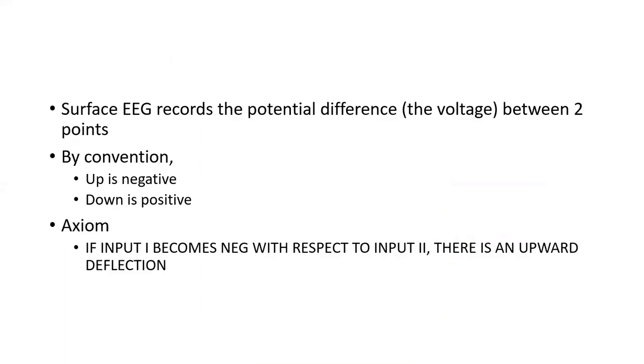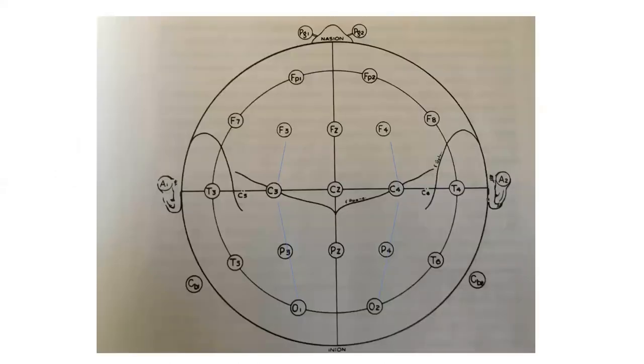Okay, so really what we're doing is recording the potential difference between 2 points, and we have conventions for this. So up is negative and down is positive. And the axiom is that if input 1 becomes relatively negative with respect to input 2, there will be an upward or negative deflection. So this is a full complement of electrodes.